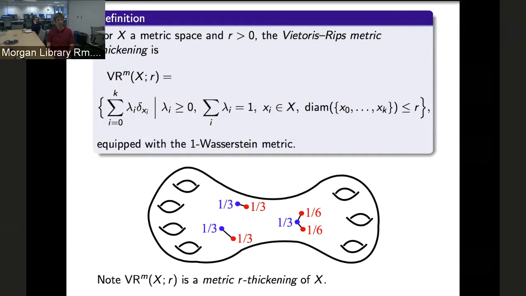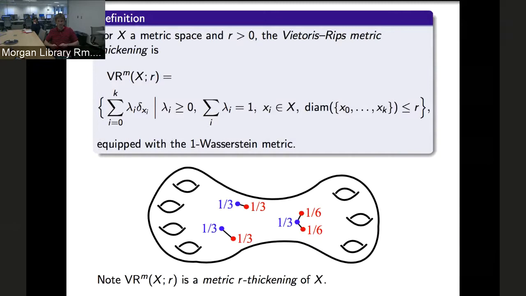Okay, so this blue probability measure is a point in the metric Rips thickening. The red probability measure is another point in the metric Rips thickening. It's a point in a 4-dimensional simplex, right? It's some convex combination of these 4 red vertices. So we need the notion of distance between these 2 probability distributions.